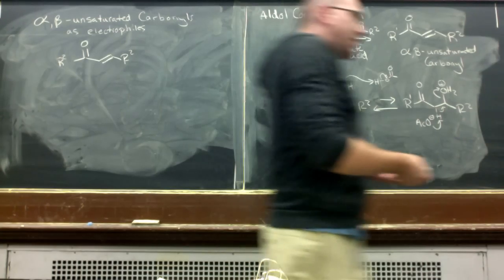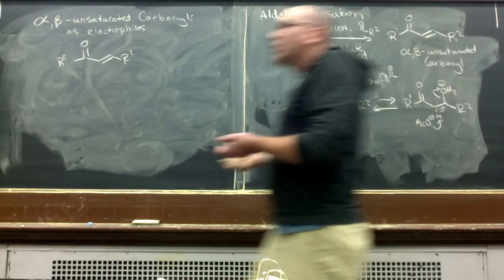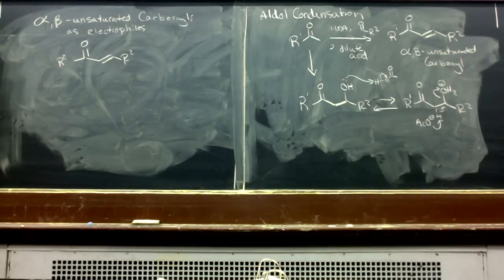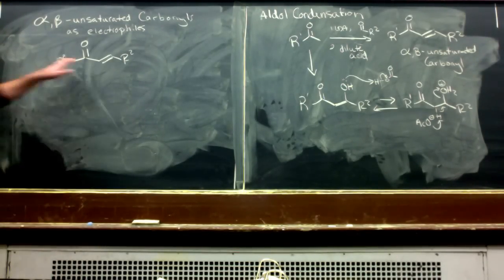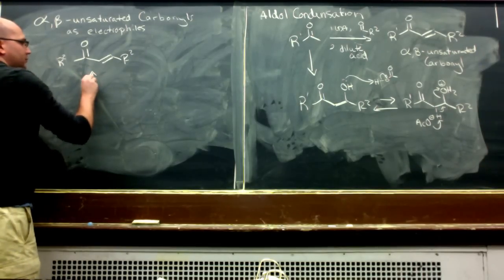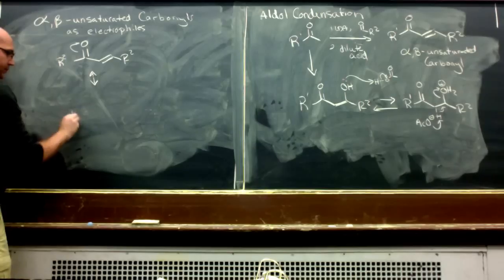What we'll see is that these molecules are electrophiles, and they can serve as electrophiles in a couple different ways. Okay, so in general, when we start thinking about the reactivity of, say, a ketone, one of the ways when we first start to learn about reactivity of ketones as electrophiles is to look at the resonance form.